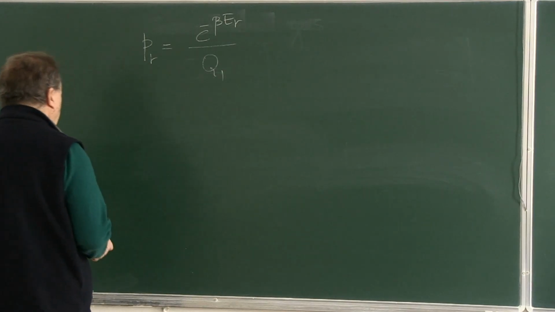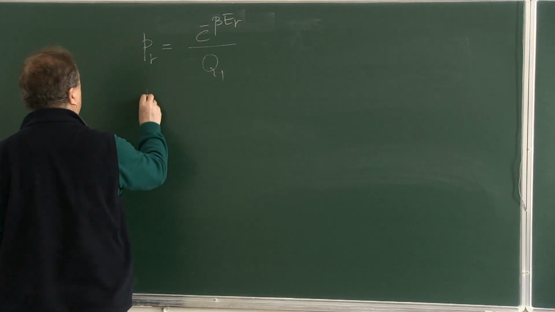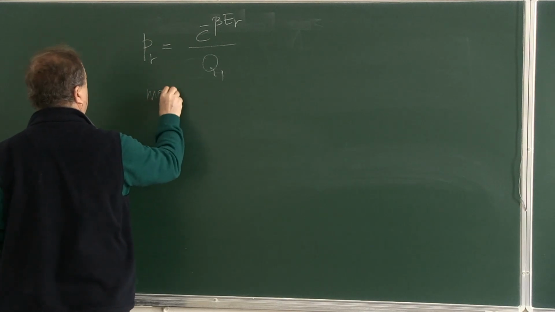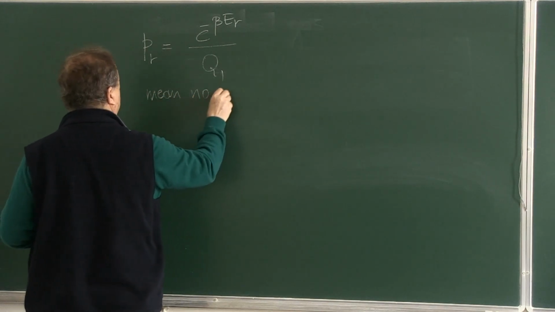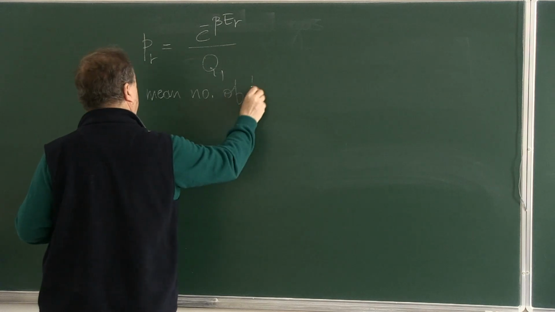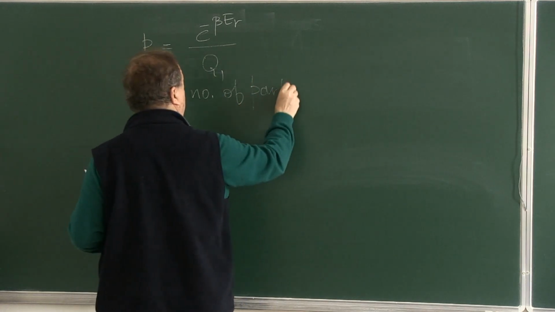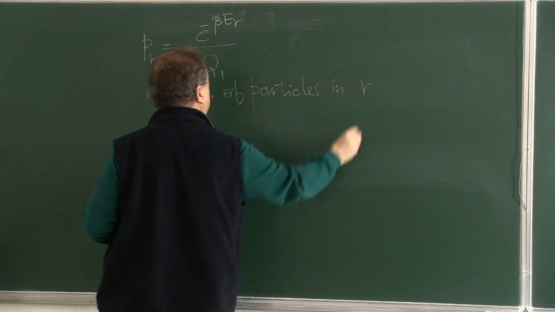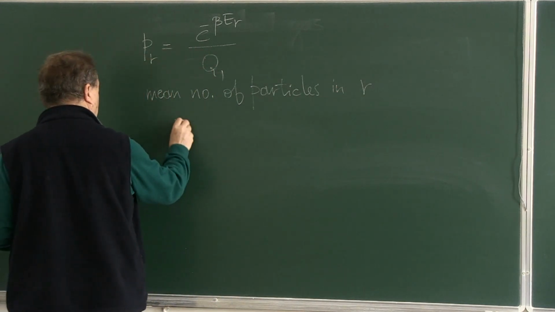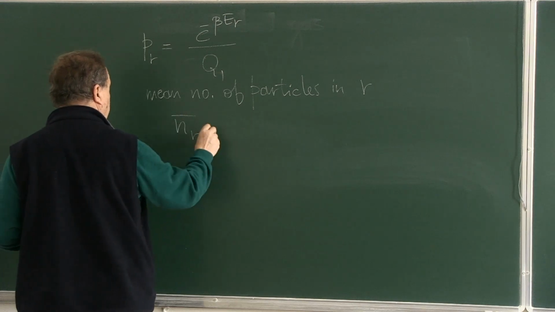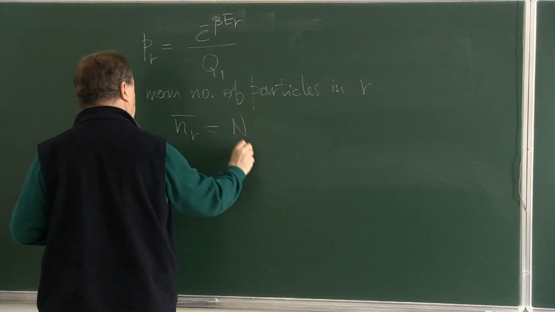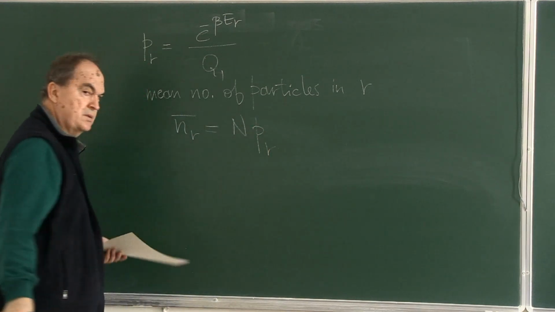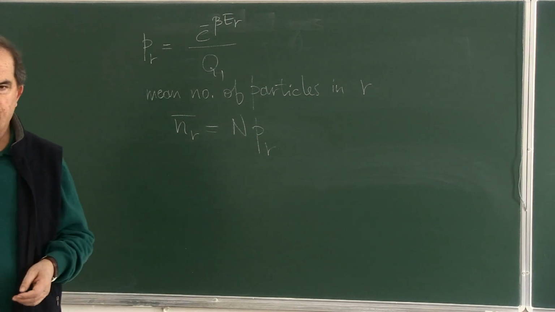Now, what is the mean number of particles in state r? The mean, average number of particles is the total number times this probability, isn't it?